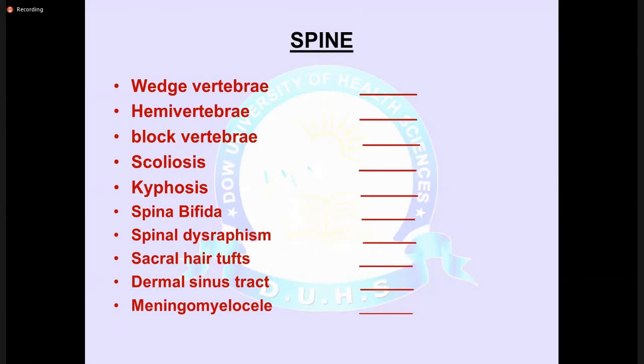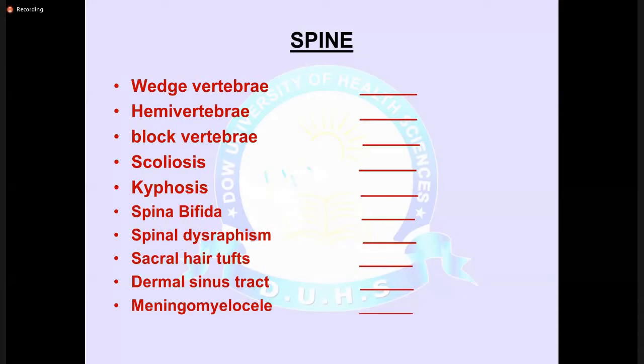Look at the spine. Spine examination is important, and as I have told you, on the back side, look at the spine. The most common problem is spina bifida or meningomyelocele. So look at the spine for wedge vertebrae, hemivertebrae, and block vertebrae.